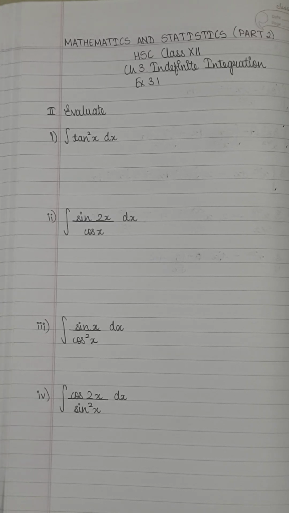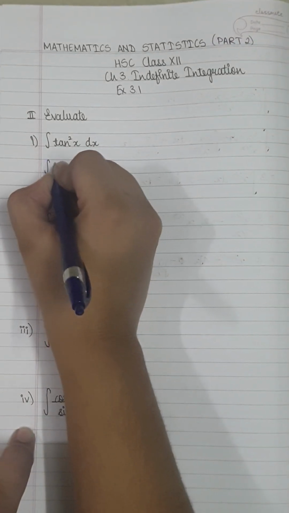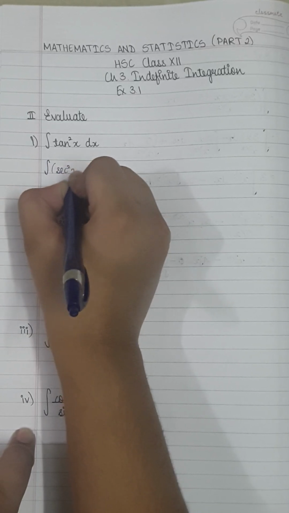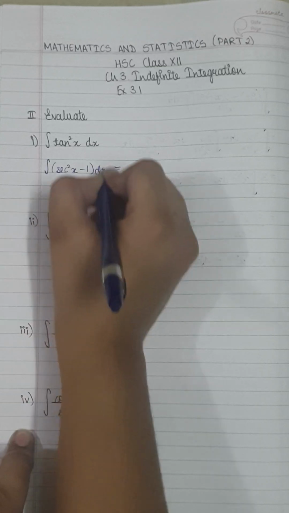Now first question is tan square x. There is no integration of tan square x. We do have an integration of sec square x. Now we can write tan square x as sec square x minus 1. So we'll write this as integration of sec square x minus 1 dx. We all know that integration can be broken down.